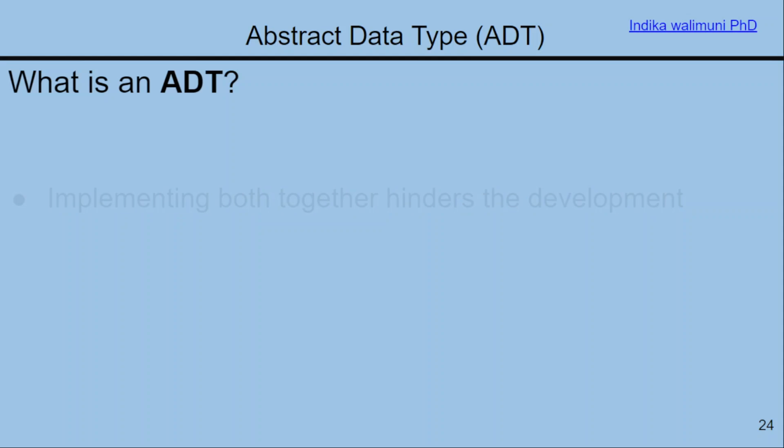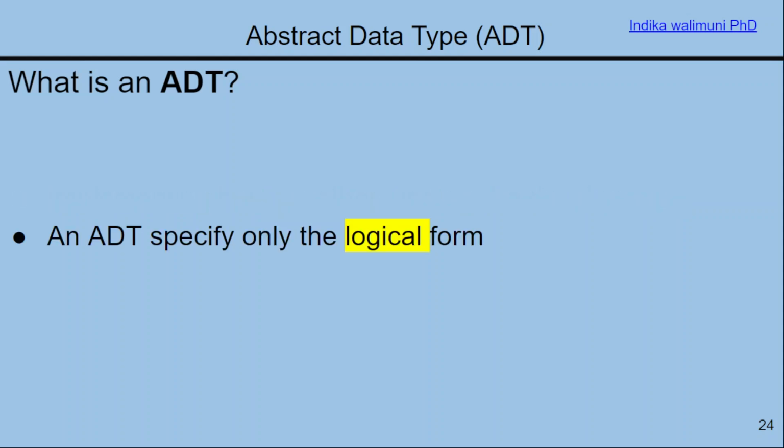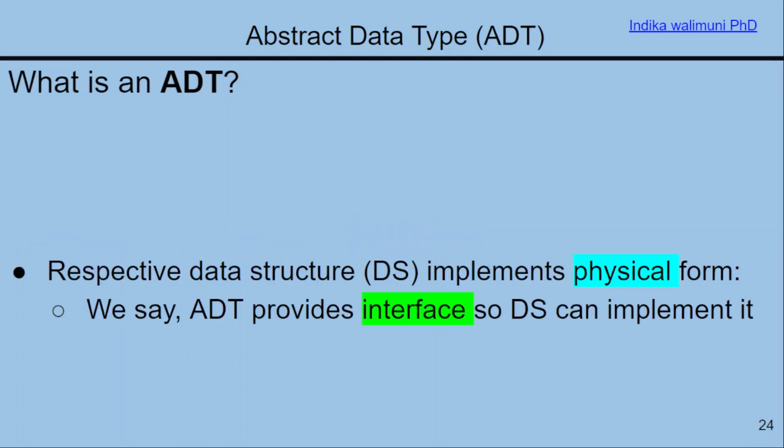Okay, so we use an ADT to specify the logical form, and the respective data structure implements the physical form.